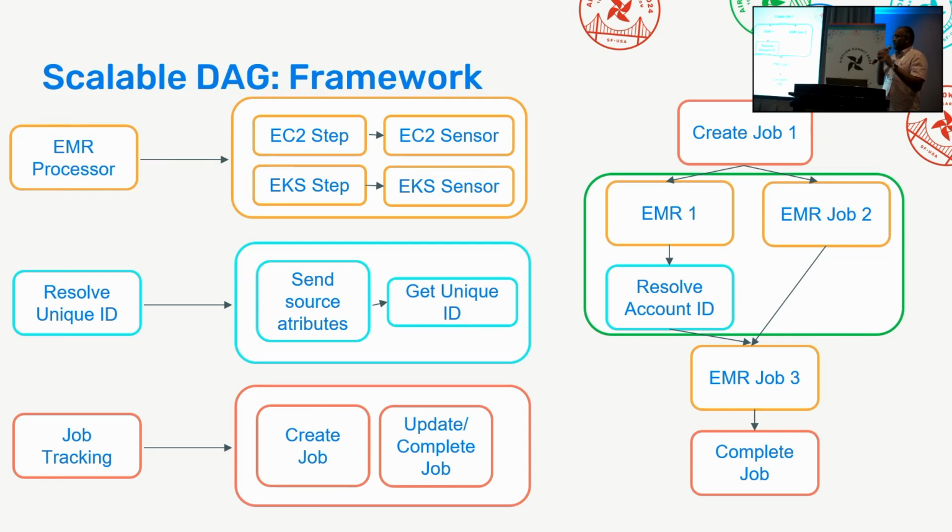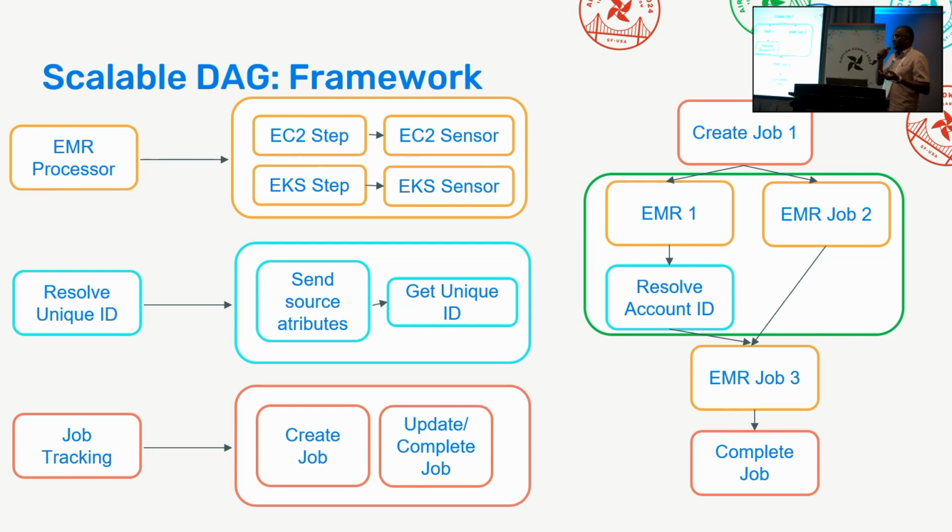But we want to create a layer on top, and we are calling it processor. That processor is kind of a wrapper on top of the Airflow operators. The whole idea of this processor is that we will abstract it out so that for any changes, we'll have to make it at only one place instead of doing it in multiple places. So that's the first advantage.